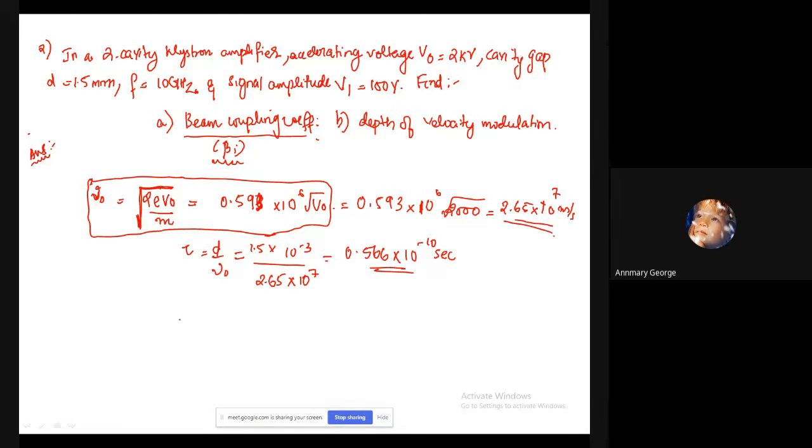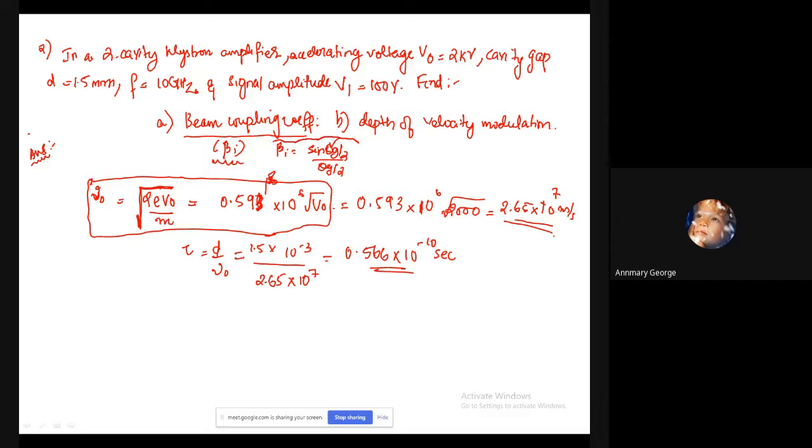Next, we have to find theta g. We have to find the value of beam coupling coefficient. What is the beam coupling coefficient equation? Beta i equal to sine theta g by 2 by theta g by 2. So we have to find out the theta g value.